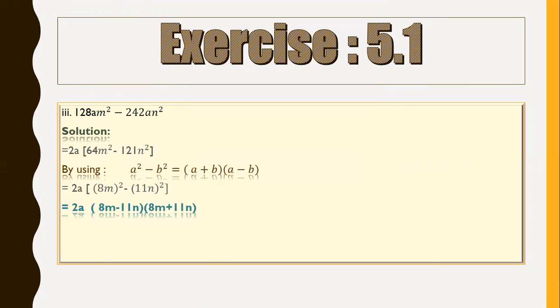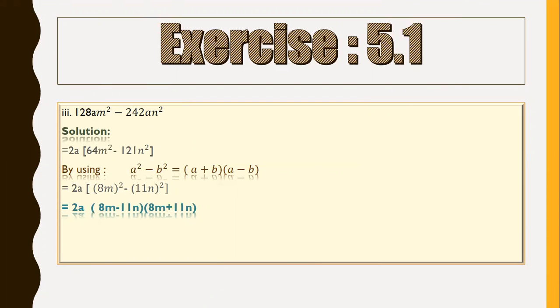It means that maybe there is some number common. A is also common, because the power of A in both terms is 1. So we take A common, and also we can take 2 common from both 128 and 242. When we take 2 common from 128, 64 will be left.